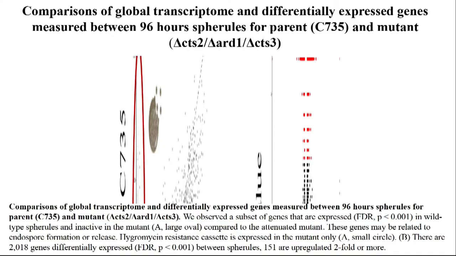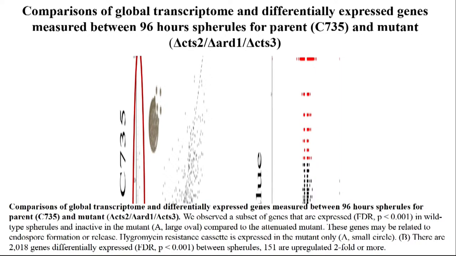Oh, whoops. It looks like that came through a little unclear. So what we did to further understand what is spherule specific, rather than comparing upregulated or downregulated genes between spherule and mycelia, is to directly compare the transcripts of the mutant spherule with the wild type spherule.